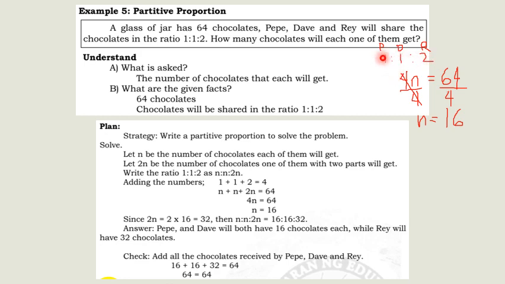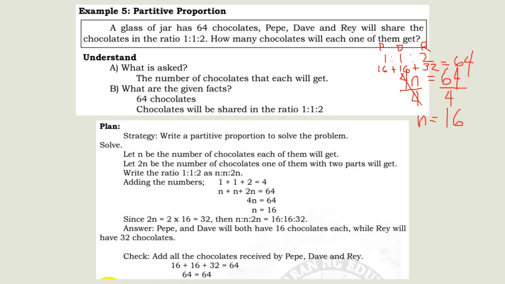So, ibig sabihin, si Pepe at saka si Dave ay merong tig 16. So, si Pepe merong 16 plus si Dave meron ding 16 plus ilan ang n ni Ray? Si Ray ay may dalawang n. Kung dalawang n, 16 ang isang n, so ilan lahat yung kay Ray? 32. So, anong total nito? Siyempre, ang total nito ay 64.